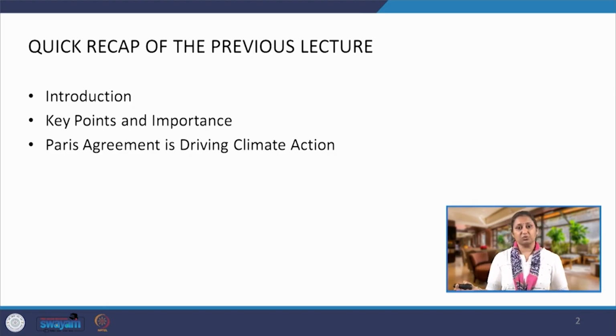We will gradually move on to the GHG protocol, the greenhouse gas protocol, where we will know what scope 1, 2 and 3 of emissions are and how we reduce them. But before we do that, since we have been talking for almost 1.5 weeks about greenhouse gases and reducing greenhouse gas emissions, it is fundamental for us to understand what greenhouse gases are, and that is what we are going to know in this particular lecture.